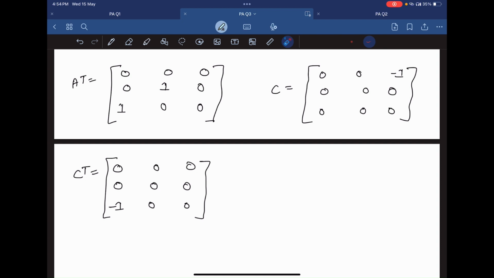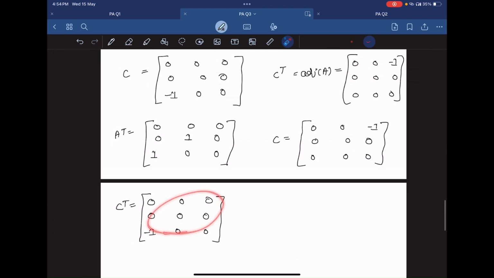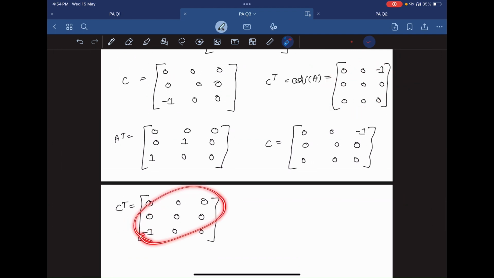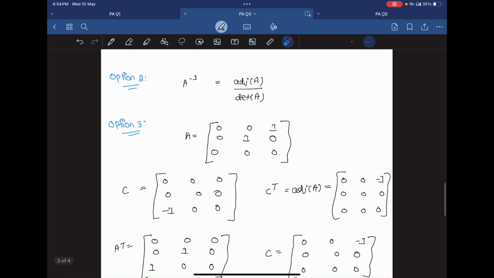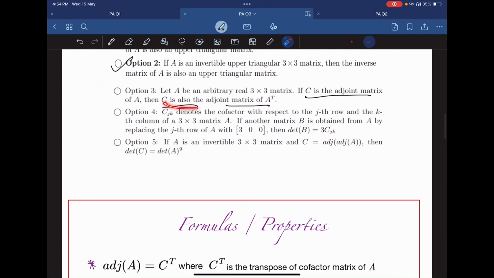So this will be our adjoint matrix for A transpose, and we can check that these two are not the same. The matrices here and here are not the same. So if C is the adjoint of matrix A, then C is not the adjoint matrix for A transpose. So option 3 is wrong.